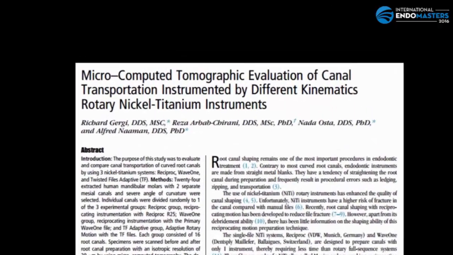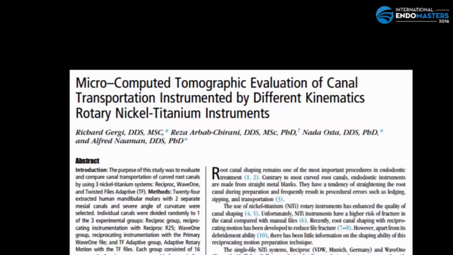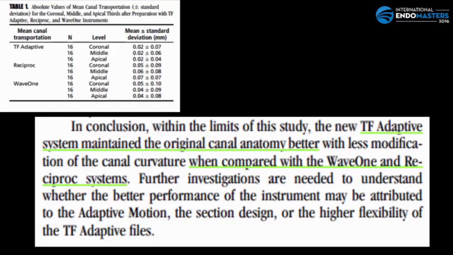Okay, we have this other paper. It's called Microcomputer Tomographic Evaluation of Canal Transportation Instrumented by Different Kinematics Rotary Nickel Titanium Instruments. What they found in conclusion is, within the limits of this study, the new TF adaptive system maintained the original canal anatomy better, with less modification of the canal curvature when compared with the WaveOne and Reciproc systems.